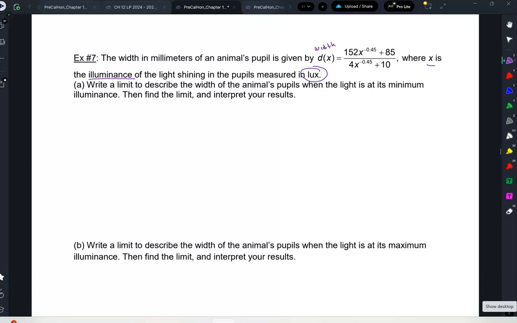Okay, so now what we want is to write a limit to describe the width of the animal's pupils when the light is at its minimum, then find the limit and interpret your results. So when the light is at its minimum illuminance, this means x is approaching 0, because illuminance was x.